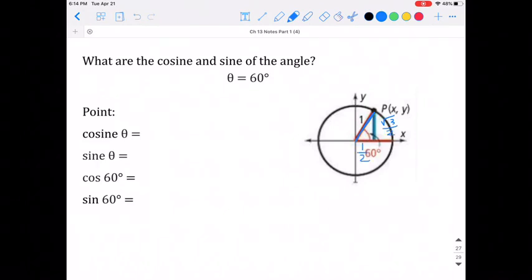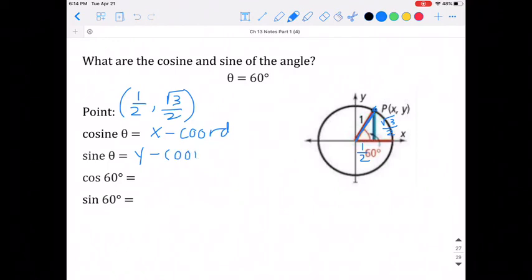So the point on our unit circle is going to be positive 1/2, positive radical 3 over 2. And remember, our cosine of theta is always represented by the x-coordinate, and our sine of theta is always represented by the y-coordinate. So cosine of 60 is 1/2, and the sine of 60 degrees is radical 3 over 2.